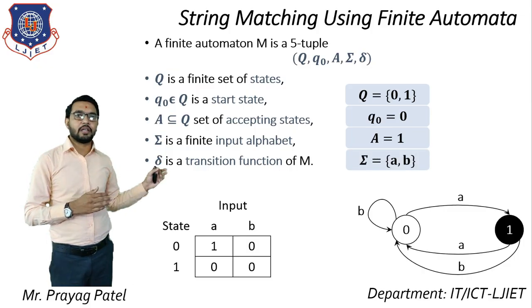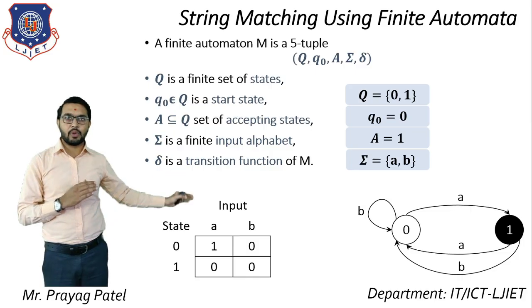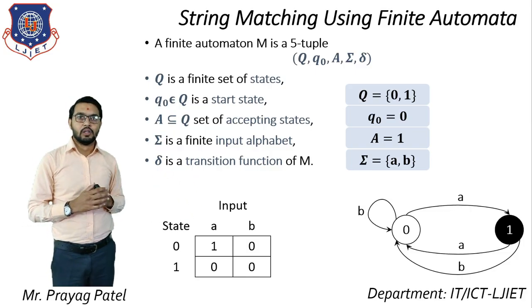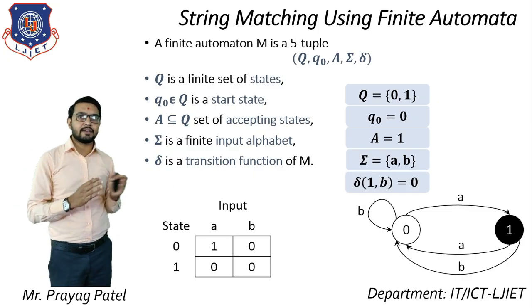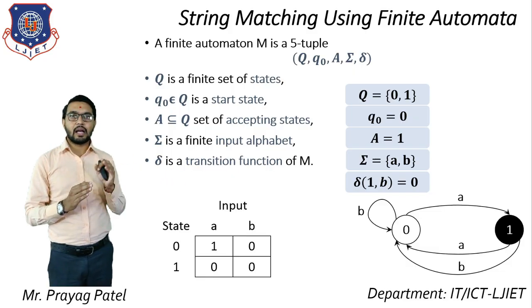And here consider sigma. Sigma means the input and output symbols. Here A and B are the inputs for the two nodes 0 and 1. So sigma equals {A, B}. And delta is a function, for example, delta(1, b) equals 0. The delta function finds the output for your given node.